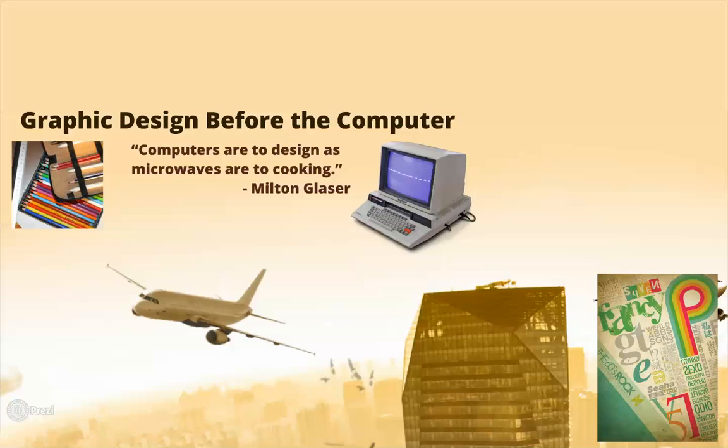Our offset did use the negative to plate technology. Because it was such a small shop, no one did just one job in the company. Has anyone ever worked for a really small company where you wear many hats? I did, and I worked very closely with both our digital and our offset printer.